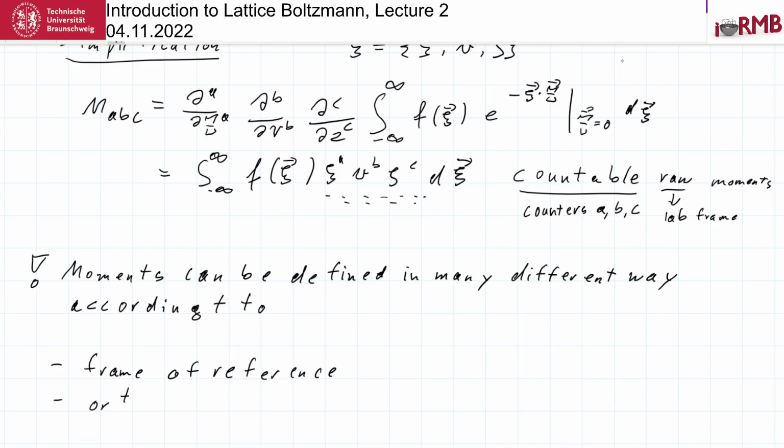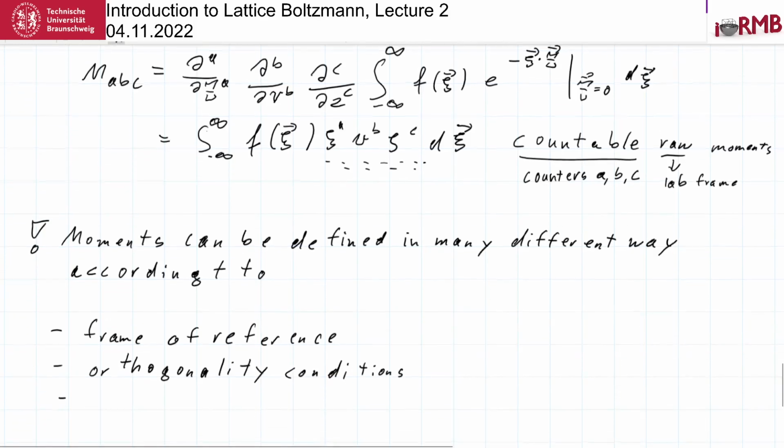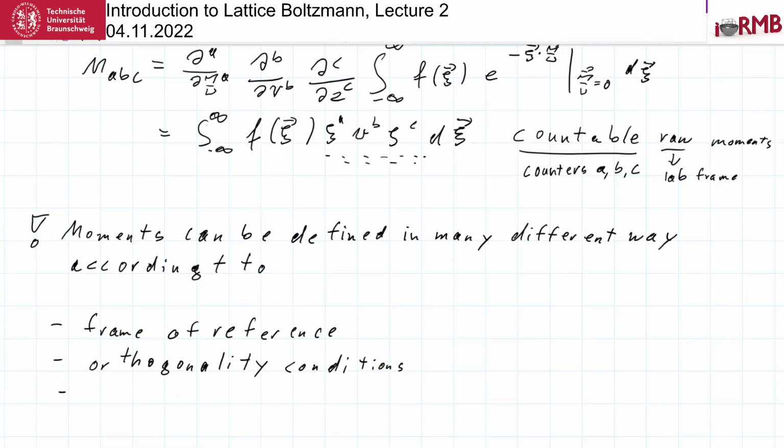Also, we can take different orthogonalizations, orthogonality conditions. This is actually something that still requires some sort of research. It's still not completely clear and accepted by everybody, I believe. And then you can also normalize moments in different ways.